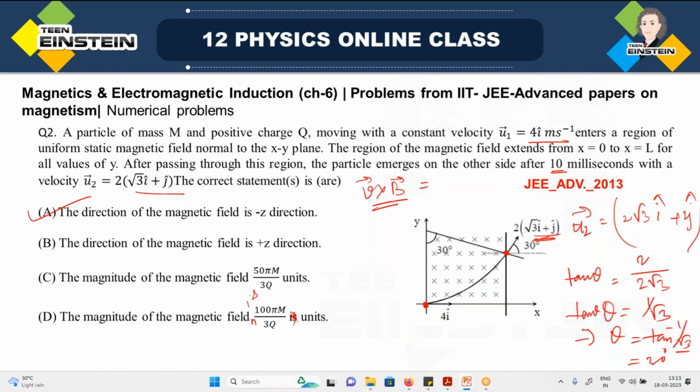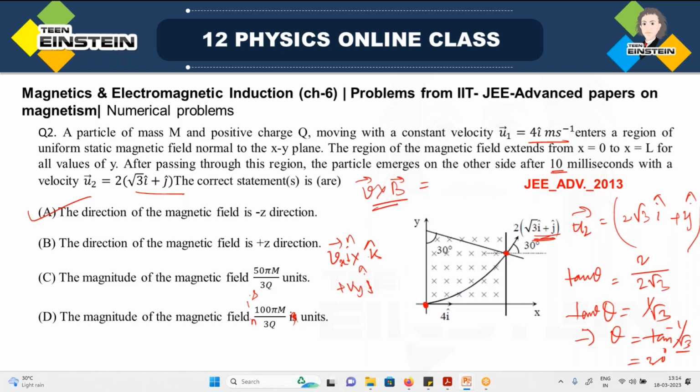Now velocity is perpendicular to, I can write it here, vx. It is given it is perpendicular to the xy plane. That means it is obviously k cap. So we can get vx i cap plus vy j cap, cross k.